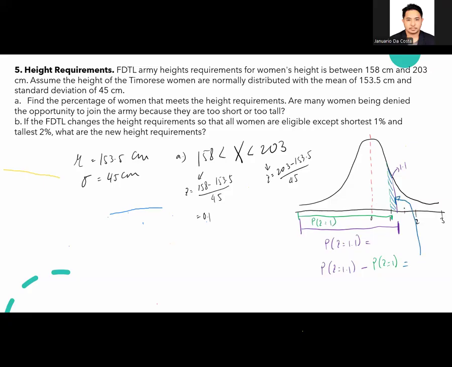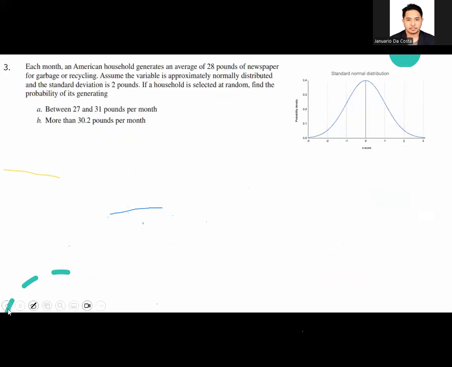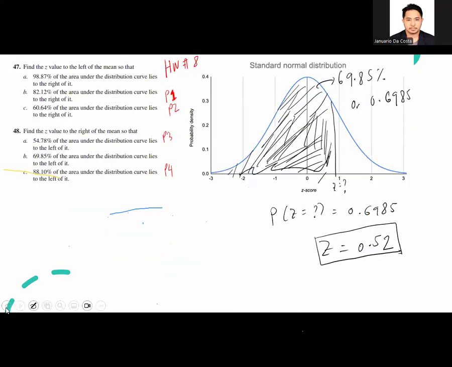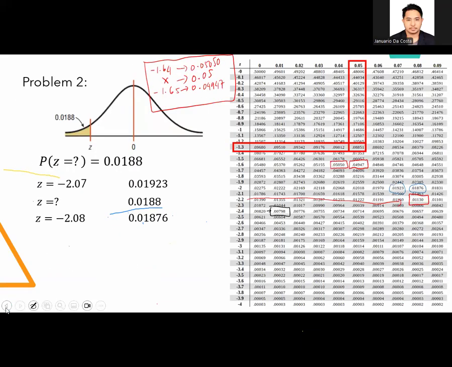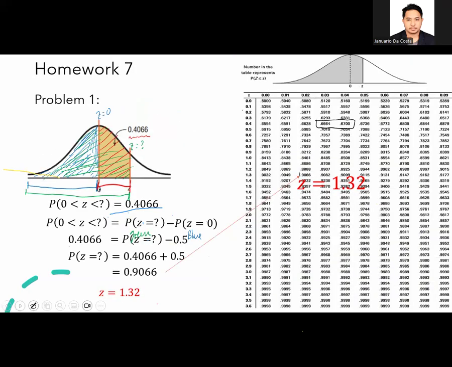Correct? Yes, teacher. And then z equals 1.1 and z equals 1 can be found in tables. Okay, let's go to the table. It has to be the positive. Okay, 1.1 and 1. 1.1 is 0.8643. 1.0 is 0.8413.